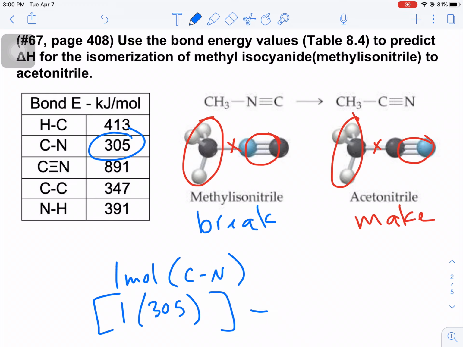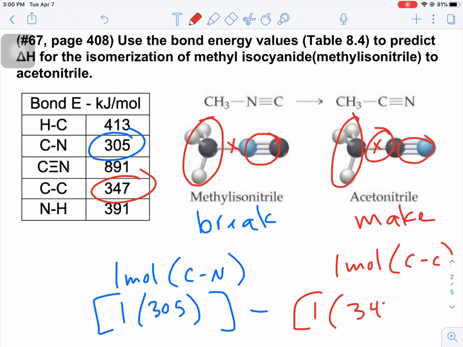And then we're going to subtract out the amount of energy that's released when new bonds are made. If you look at the right side, we are going to make 1 mole of carbon-carbon single bonds right there. So I'll put it in brackets again since we only have 1 bond being made. We're going to say 1 mole of carbon-carbon single bonds, and we look over here, and the bond energy is 347.